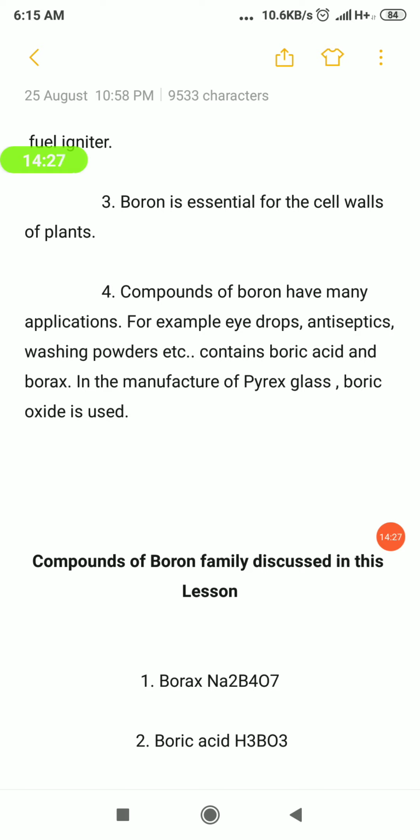For example, in eye drops, in antiseptics, in washing powders, boron is used, mainly boric acid and borax. And in the manufacture of Pyrex glass, boric oxide is used. So these are the uses of boron.